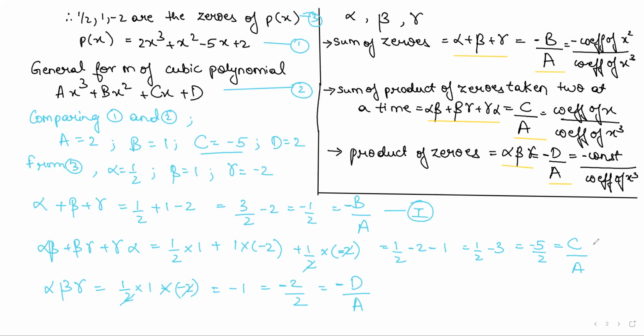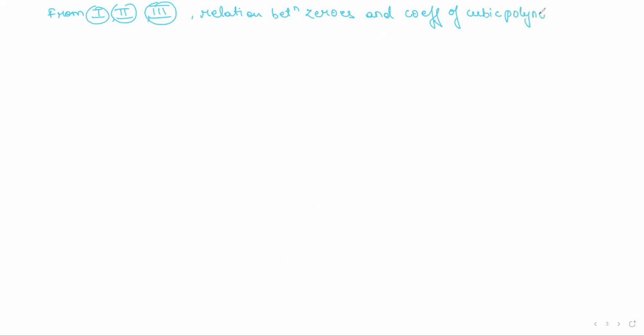So from 1, this is your second equation and this is your third equation. So you can easily say from 1, 2 and 3, the relation between zeros and coefficients of a cubic polynomial is verified.